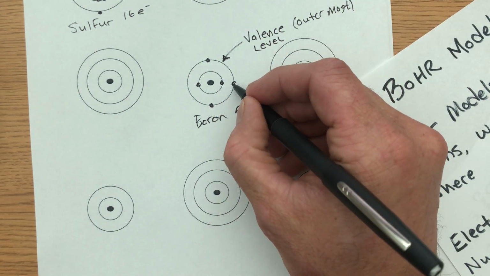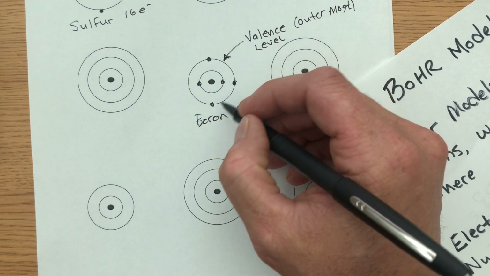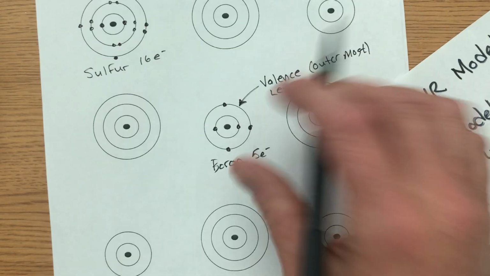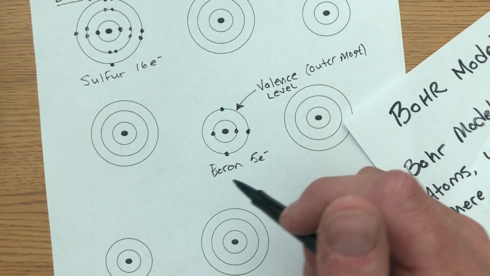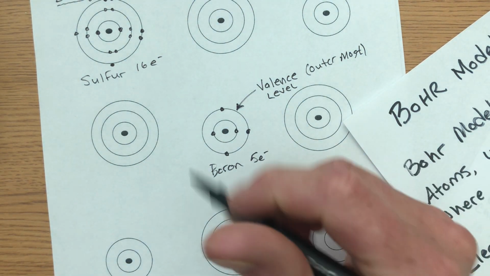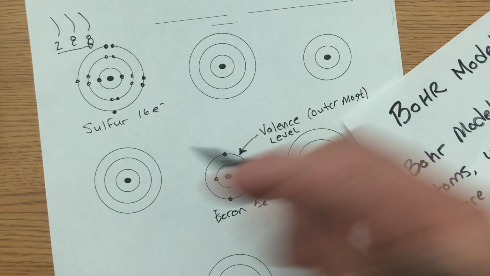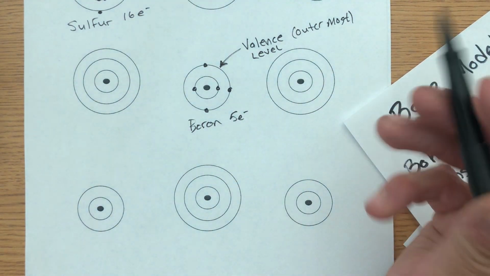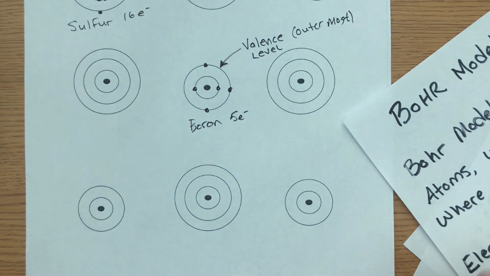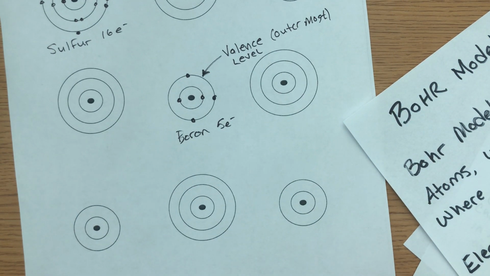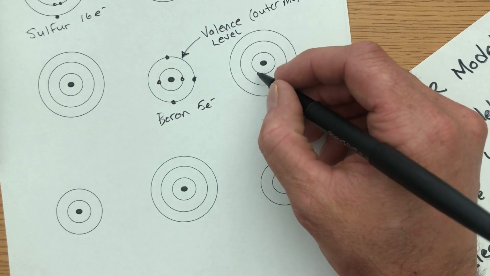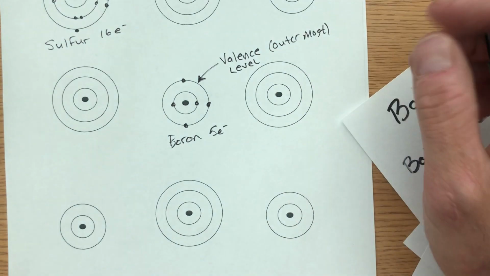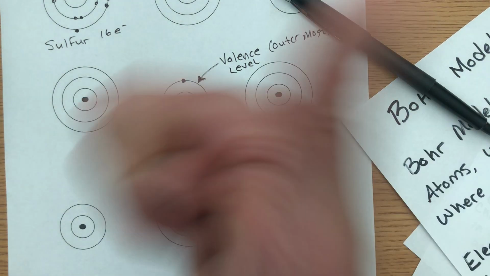And the electrons that live on the valence level are known as valence electrons, okay? So every atom has a valence level, and it could have a different number of electrons in the valence level, but that term valence is pretty important to us. Okay, so that is how you make a Bohr model, and you will never have one that's got any more than 3 of these energy levels in it. So I think that simplifies things for us a bit. All righty, hope that helps.